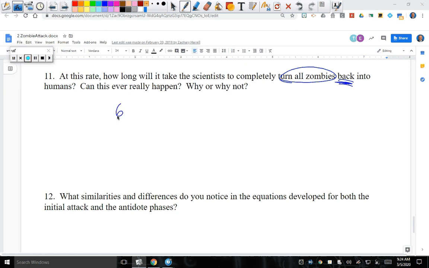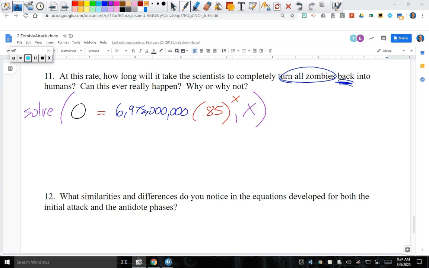So we start with 6,975,000,000. We are decreasing right here by 15%. It's exponential decay, and we want to see when it will result in 0. So now I'm going to solve this and look for x.